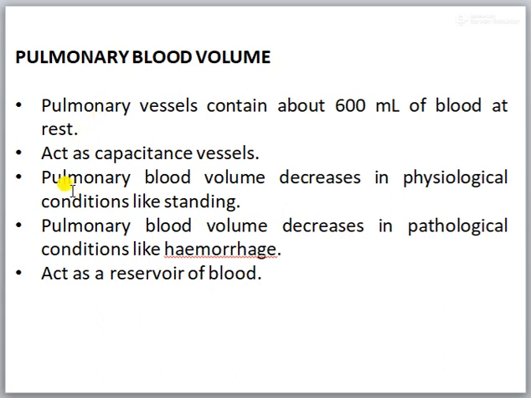Now pulmonary blood volume. Pulmonary vessels contain about 600 ml of blood at rest. Since pulmonary vessels act as capacitance vessels, the blood content may vary from 200 to 900 ml.